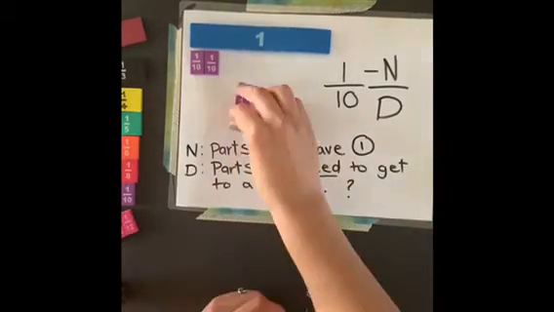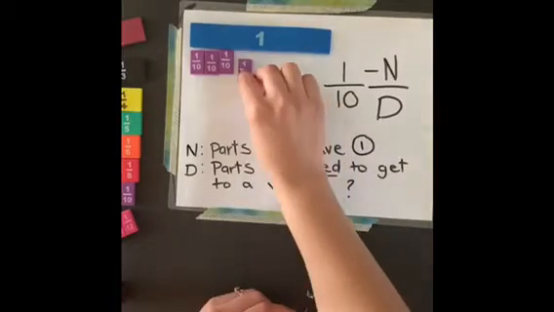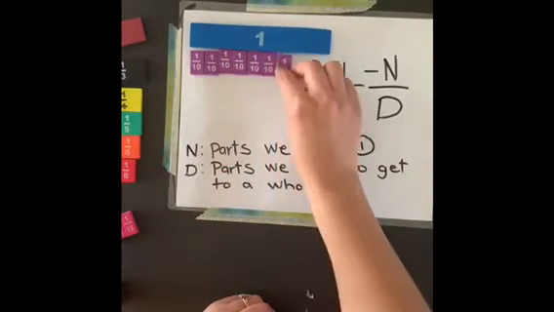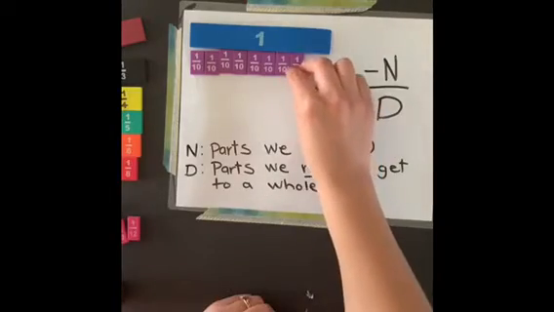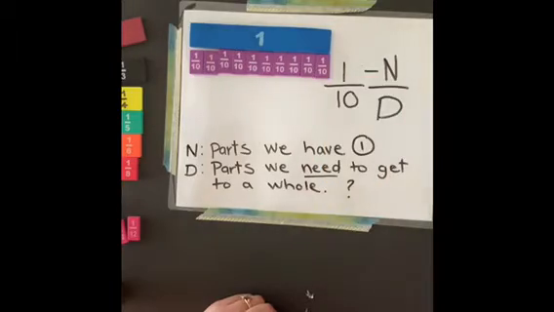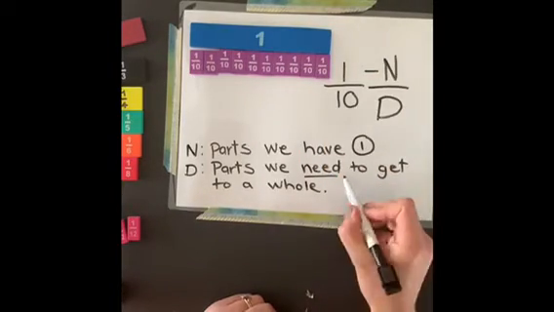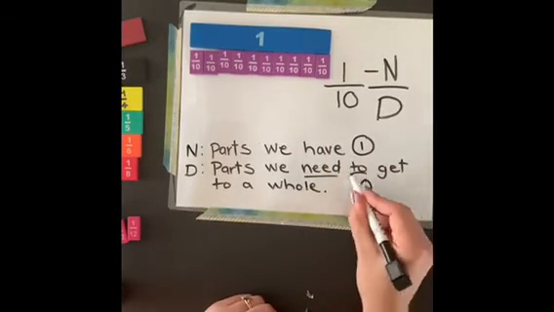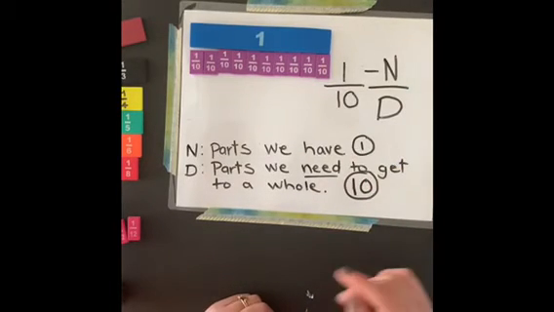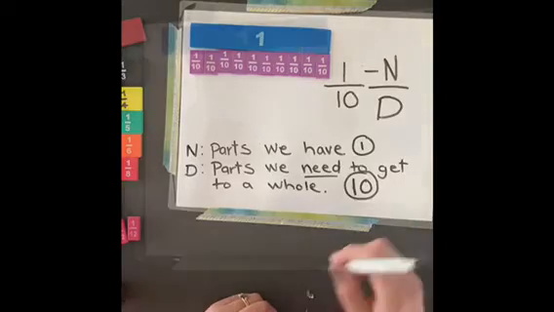Now we have 2/10, 3, 4, 5/10, 6/10, 7/10, 8/10, 9/10, and 10/10. We were able to see how many parts we needed to get to a whole just by looking at the denominator, but using the fractional bars, we get a better understanding of what it looks like.